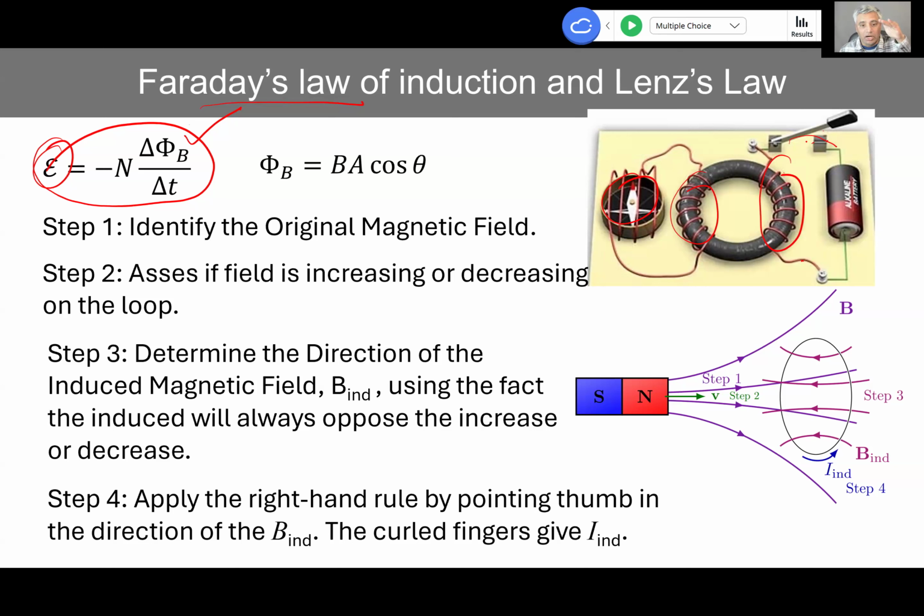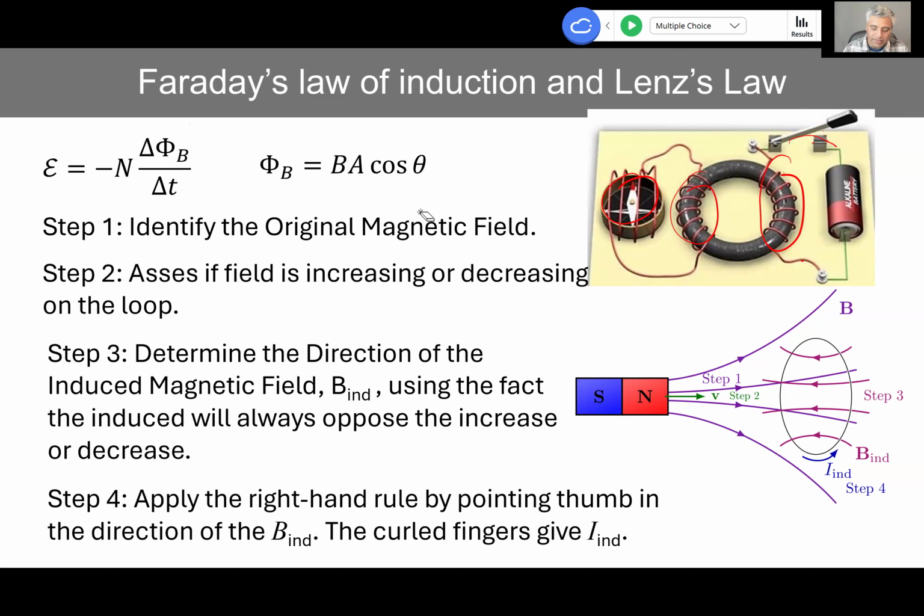If it is off, then no current, no magnetic field. If it is totally on, then constant current means constant magnetic field, which means flux is not changing. But in that changing moment when the switch goes from off to on or on to off, current goes from maximum to zero or zero to maximum, meaning the field is changing. Field changing means flux is also changing, and that change gives you the EMF.